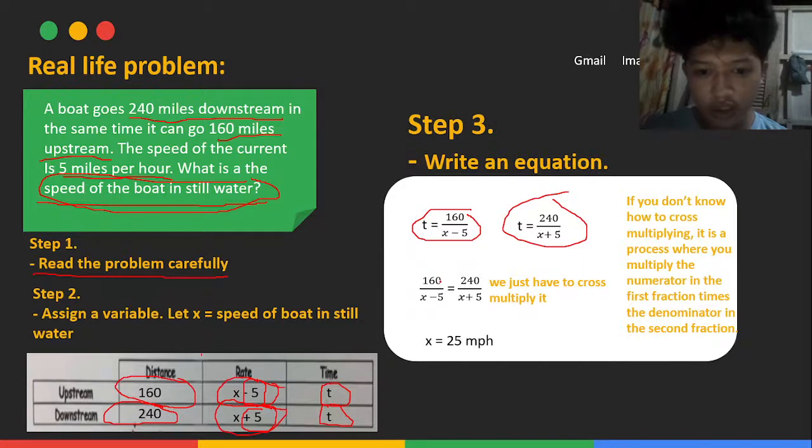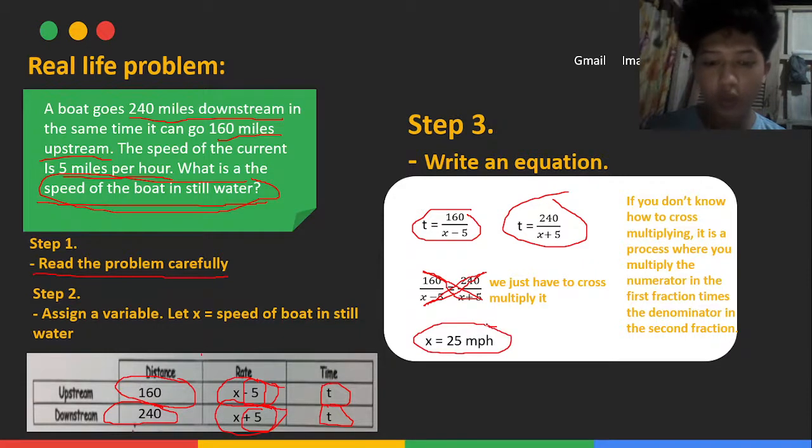It's simple: we are just going to cross multiply. We multiply x plus 5 by 160, and x minus 5 by 240. So we have the answer, and the answer is x equals 25 miles per hour.